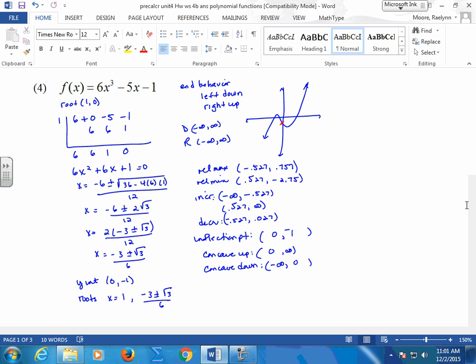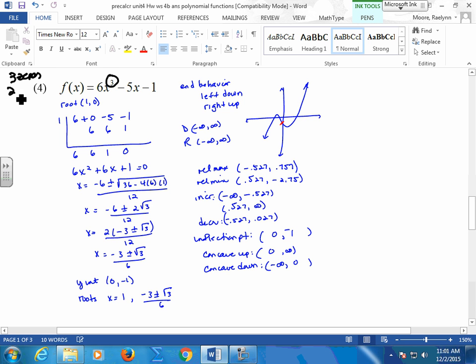I should have 3 zeros, 2 terms, follow your pattern, 1 inflection point. This helps me out. I should get 3 exact zeros. My y-intercept is one of my zeros. So I do a y-intercept somewhere. Here's my y-intercept. Show me algebraically. Just say 0 minus 0 minus 1.